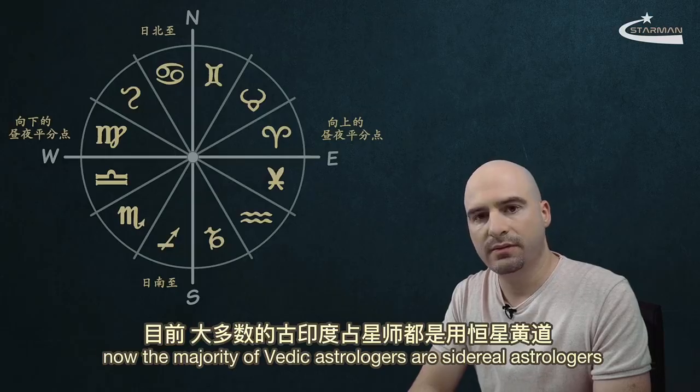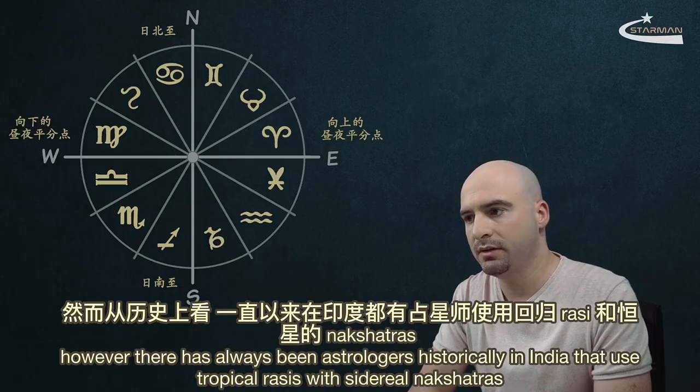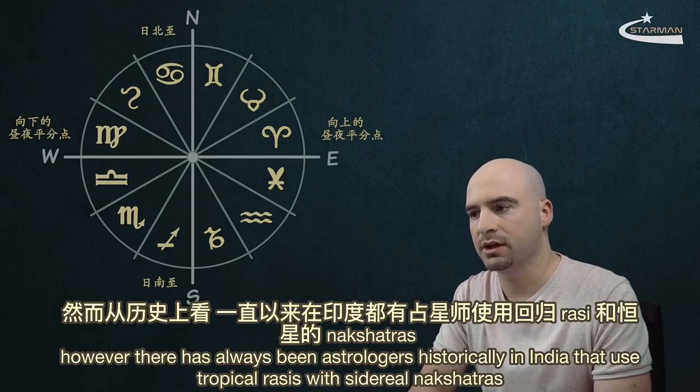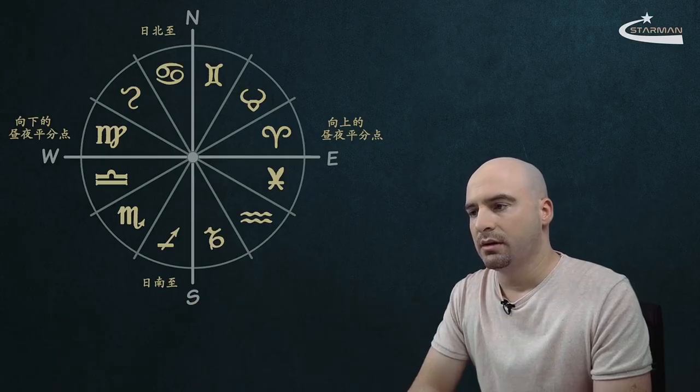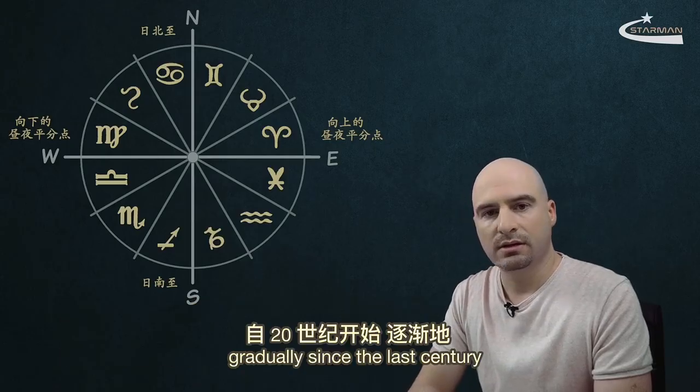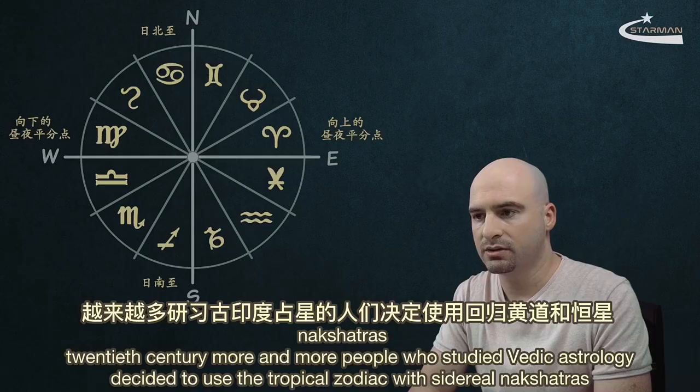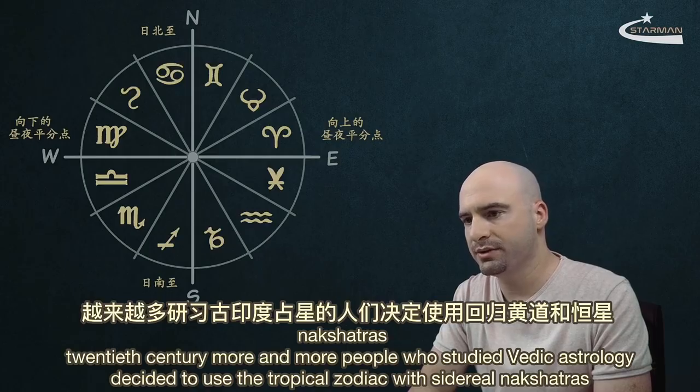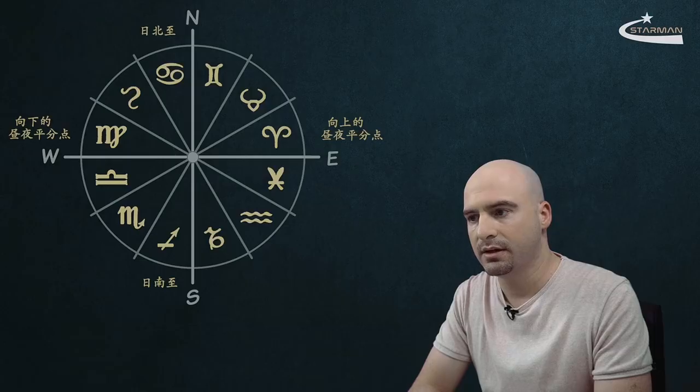Now, the majority of Vedic astrologers are sidereal astrologers. However, there has always been astrologers historically in India that use tropical rashis with sidereal nakshatras. Gradually, since the last century, the 20th century, more and more people who study Vedic astrology decide to use the tropical zodiac with sidereal nakshatras, right?